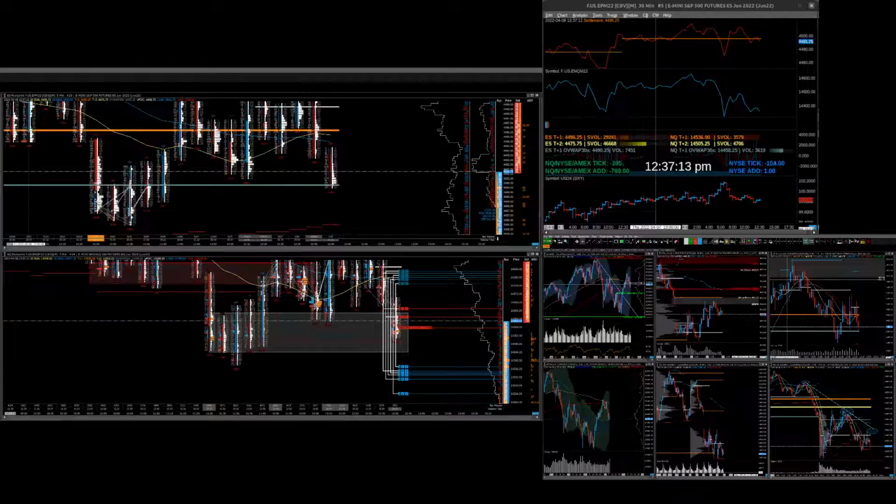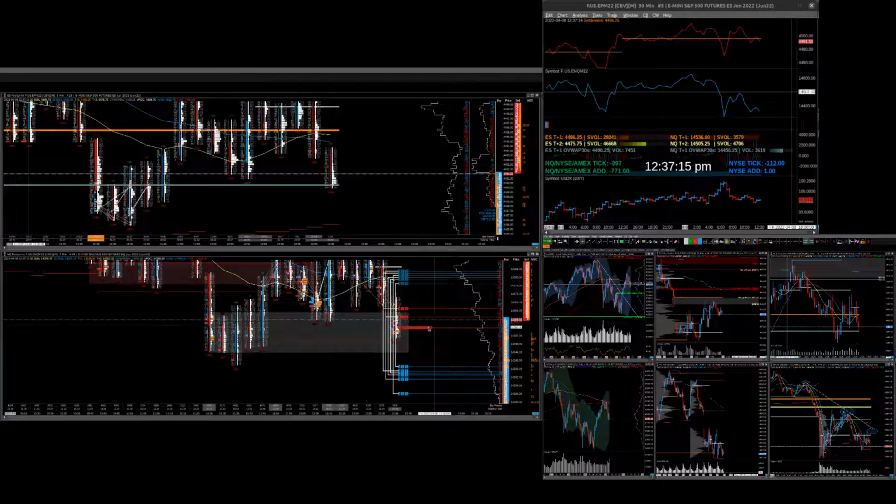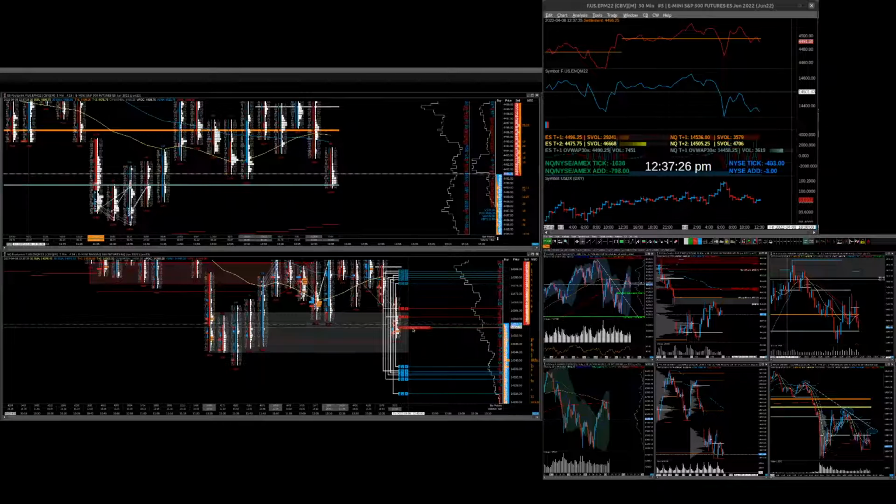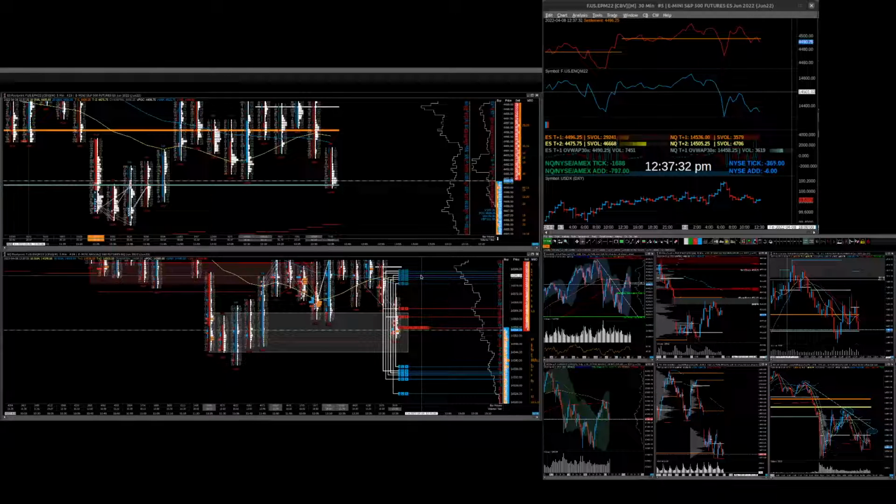Okay, entry is here. Stop, logical stop is back above this node, right? And what's the distance? Distance to the goal or the loss is what? 55 all the way up to 80, 81, 82.